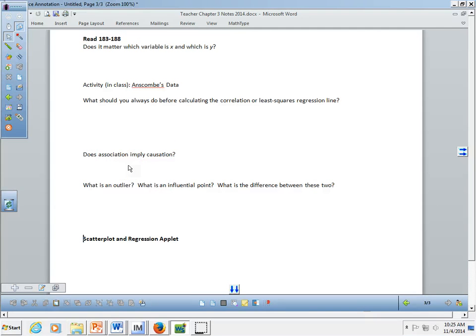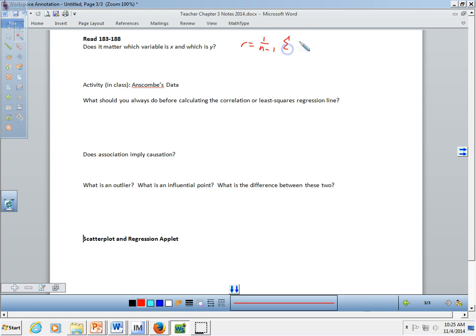First question: does it matter which variable is x and which is y? Well, it's certainly important to understand which variable is the explanatory and which one is the response in terms of talking about any relationship that we might get. But if we travel back and talk about how we get R, basically your equation was this.